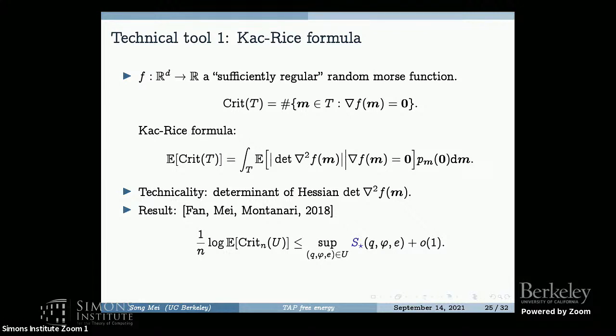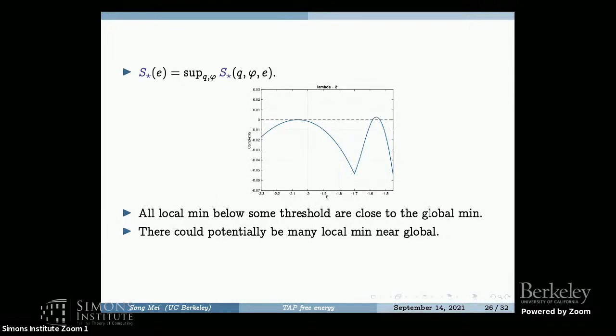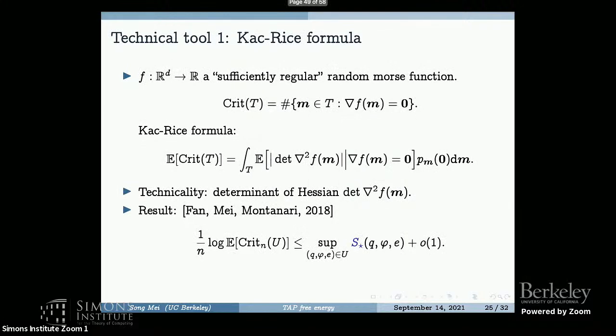And in this paper, we have shown that there is an upper bound on the number of critical points related to the function S star. We have an analytical formula for this S star. And by analyzing this S star, we can show that all local minimizers below some threshold are close to the global minimizer. So the global geometry can be analyzed using this formula, which gives an upper bound.